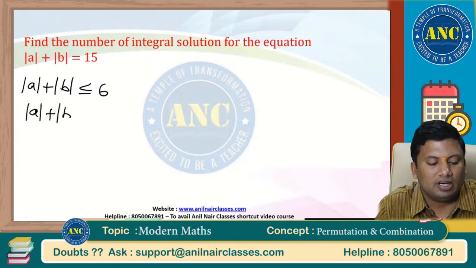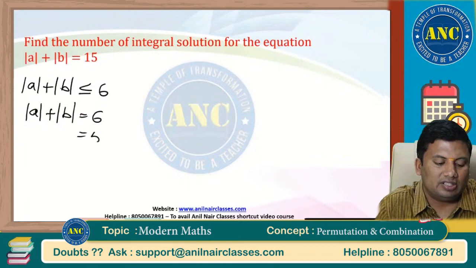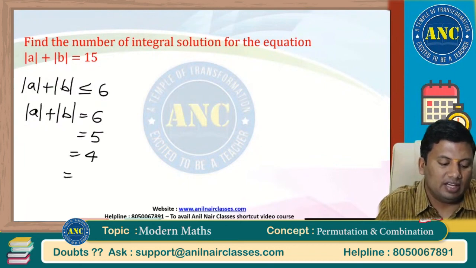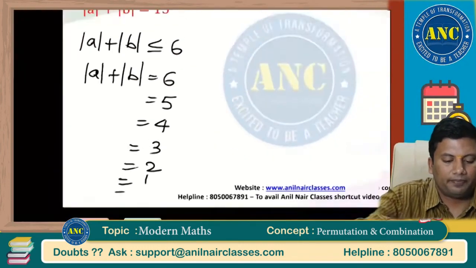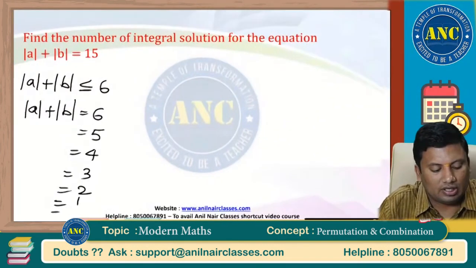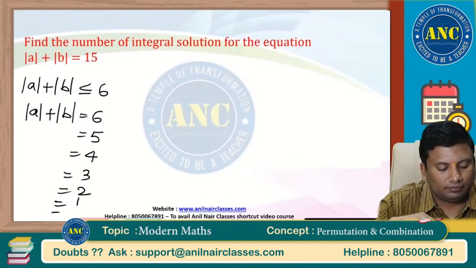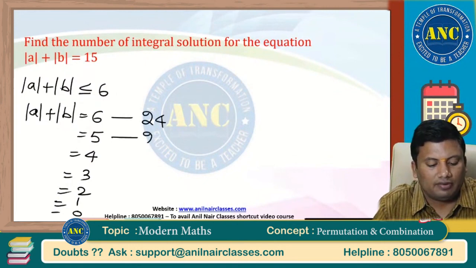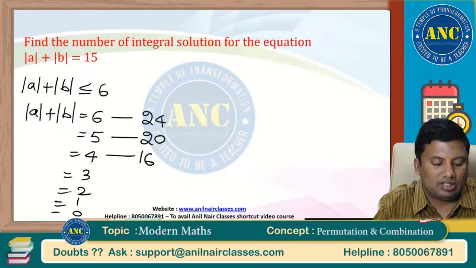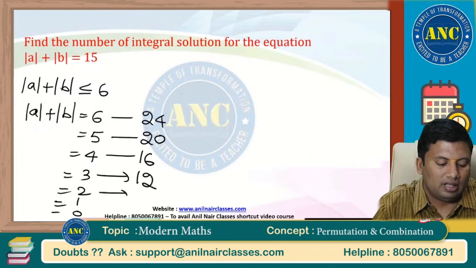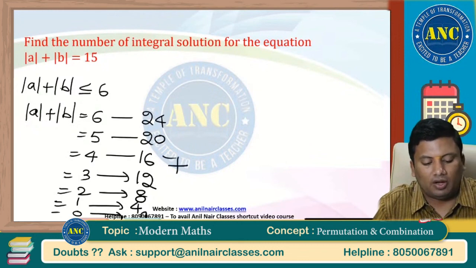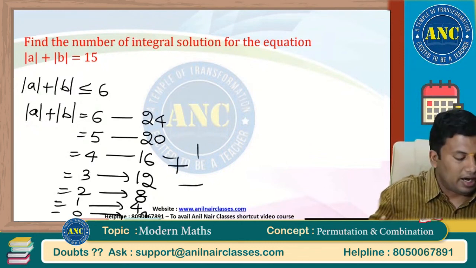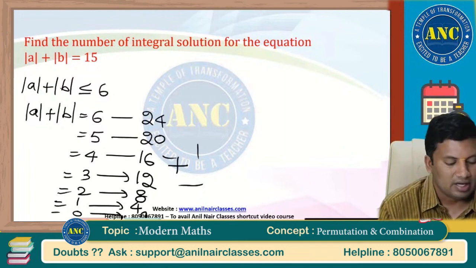What will be the answer? |a| + |b| can be 6, 5, 4, 3, 2, 1, and 0. 6 is nothing but 24, 5 is 20, 4 is 16, 3 is 12, 2 is 8, 1 is 4, and 0 is nothing but 1. Add all these values, you will get the answer. I hope it is clear.